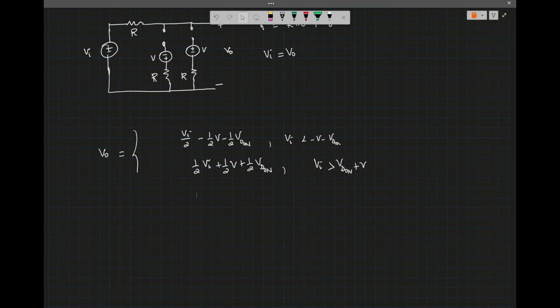And so when we're in between the two, V0 equal to VI, so when VI is bigger than VD on plus V.